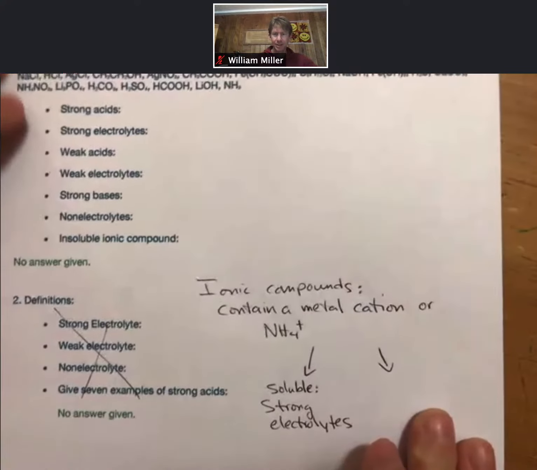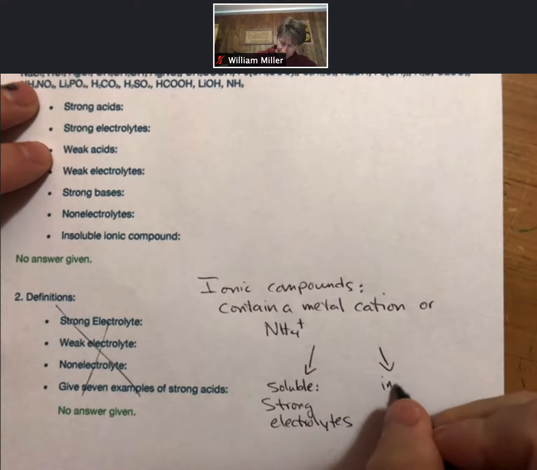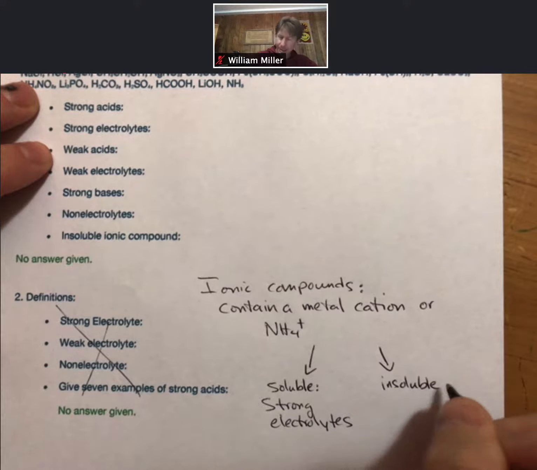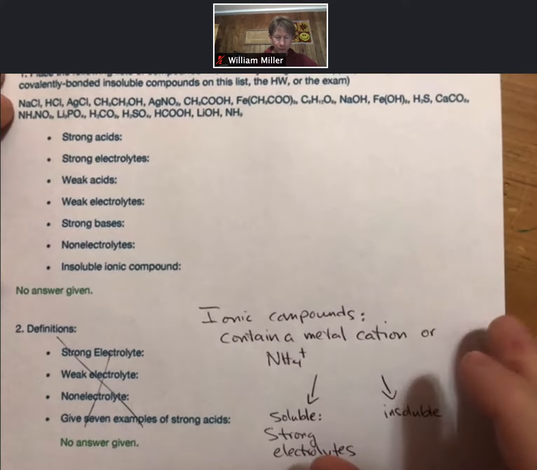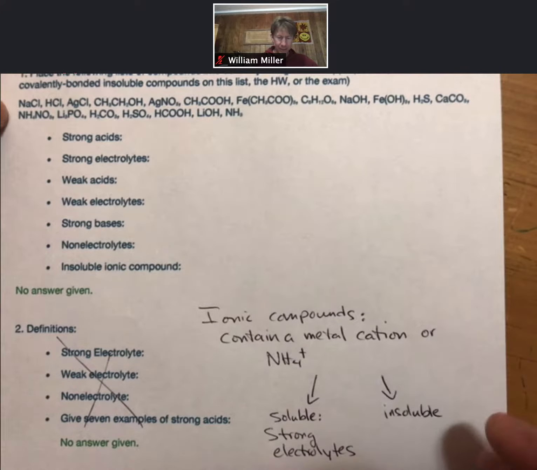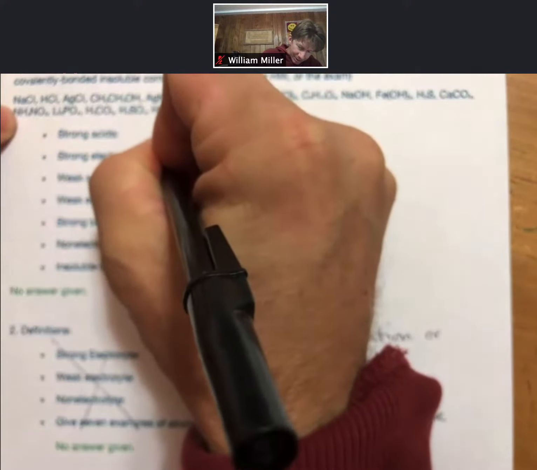Or they can be insoluble and not dissolve at all and not be any kind of ion. Rule number 1 says group 1 compounds are always soluble, and sodium is a metal cation. So that's going to go into the strong electrolytes category.